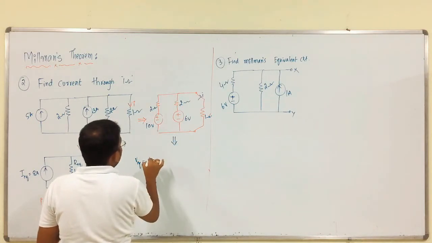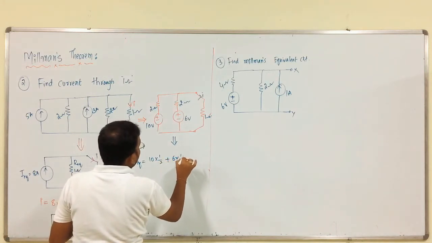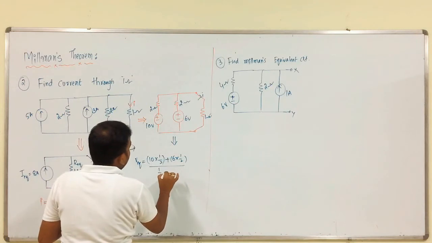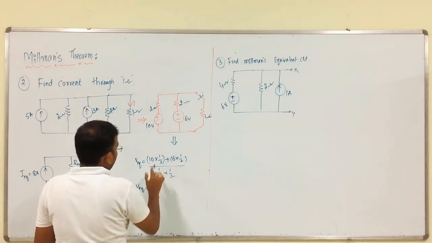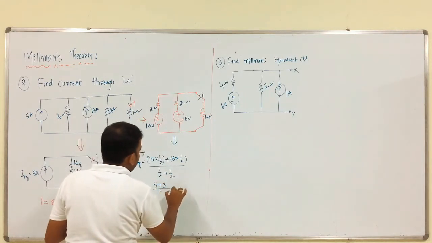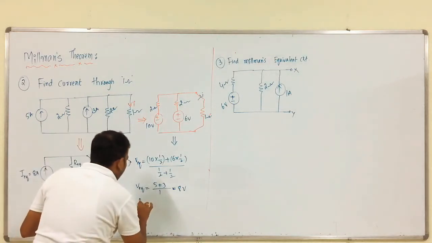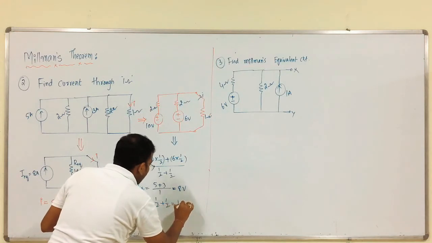Which is equal to 10 into 1 by 2 plus 6 into 1 by 2, right, by 1 by 2 plus 1 by 2. From this, V equivalent is equal to 5 plus 3 by 1 by 2 plus 1 by 2, 1, which is equal to 8 volts. 8 volts. Like that, R equivalent is what?